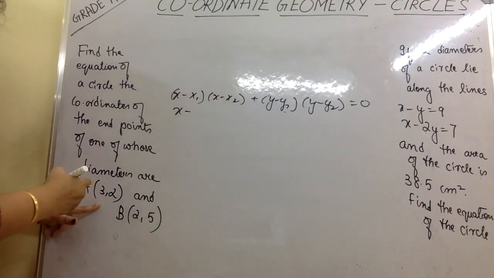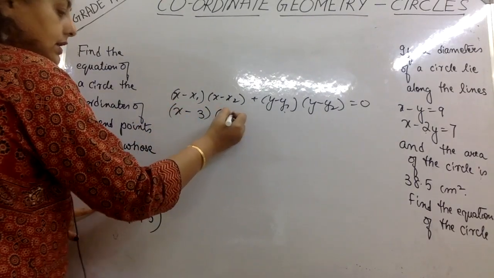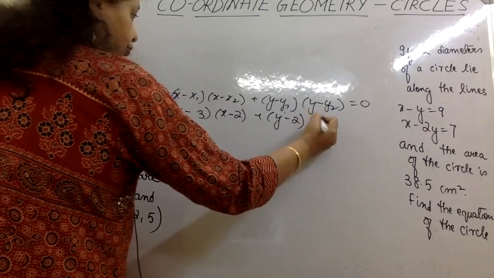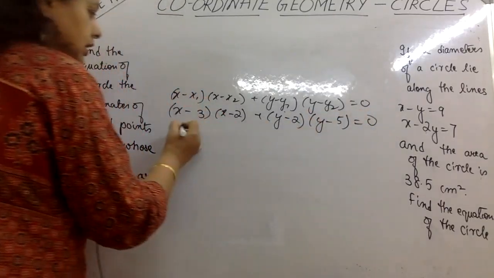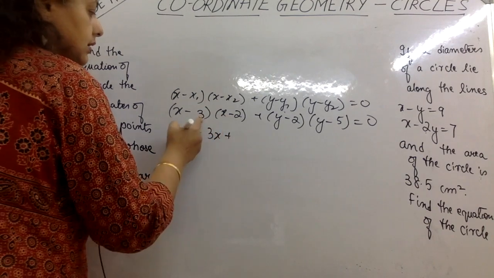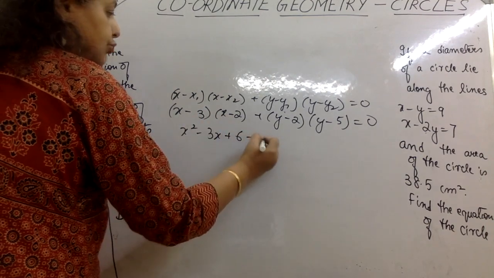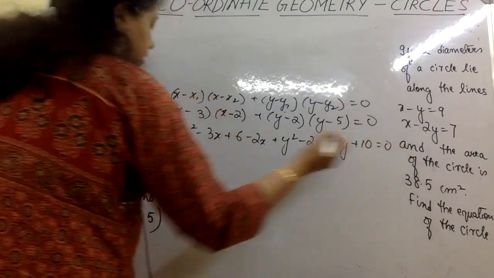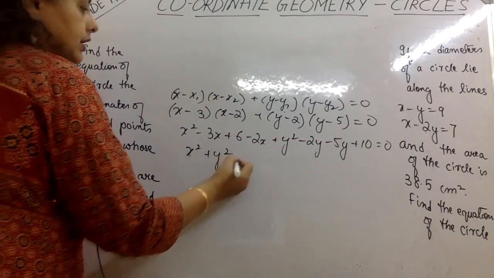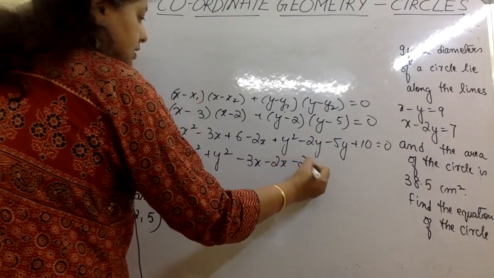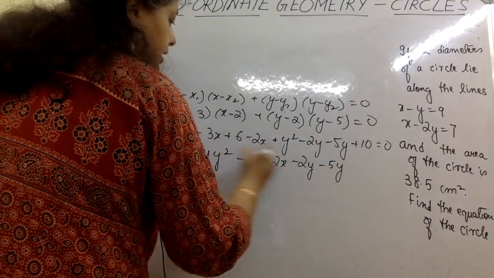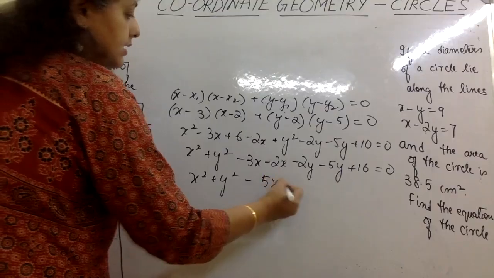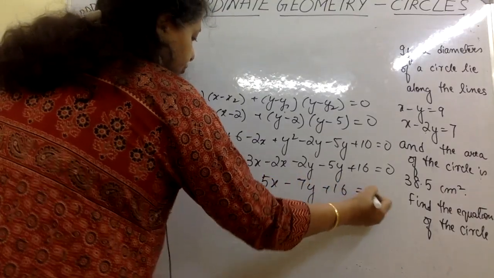Let's take any one as x1, 3, and (x minus 2) plus (y minus 2)(y minus 5) is equal to 0. x square minus 3x plus 6 minus 2x plus y square minus 2y minus 5y plus 10 is equal to 0. x square plus y square minus 3x minus 2x minus 2y minus 5y plus 16 is equal to 0. x square plus y square minus 5x minus 7y plus 16 is equal to 0.